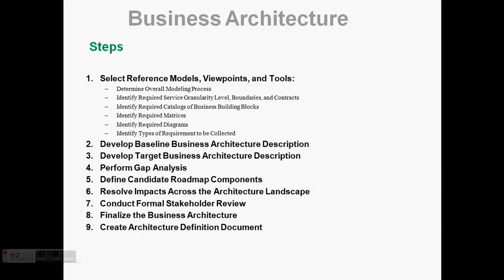Also, we can mention the actor role matrix that shows the roles undertaken by each actor. Point 5 tells us about identifying required diagrams. Diagrams such as business footprint diagram, business service diagram, function decomposition diagram, goal objective service diagram, use case diagram, organization decomposition diagram, process flow diagram, and events diagram.